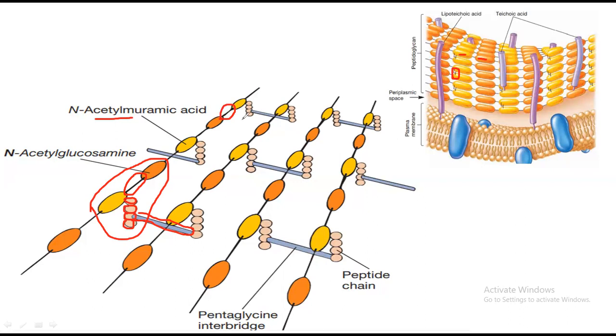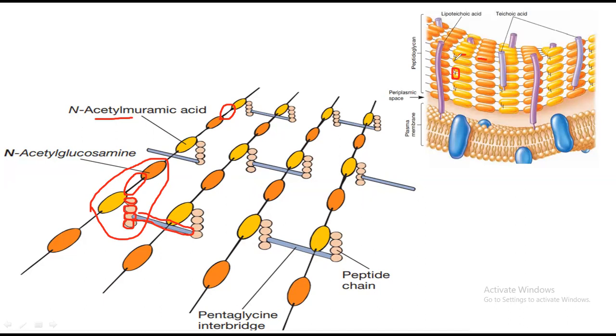After that, four amino acids are bound to that N-acetyl muramic acid, and after that, the layers of the peptidoglycan layer are bound to each other by a pentapeptide interbridge. This pentapeptide interbridge is very important because it holds the layers of peptidoglycan to each other, and because of it, it gives strength to the peptidoglycan layer.